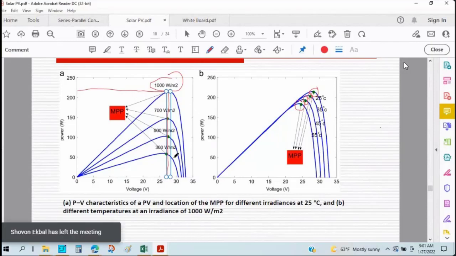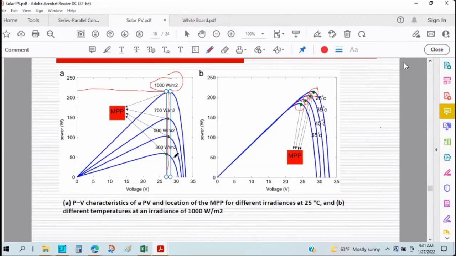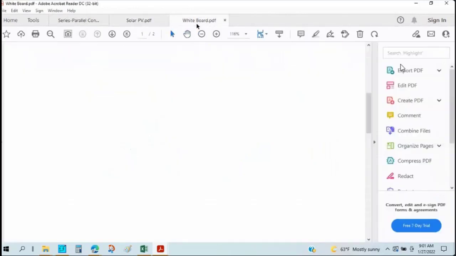That means the power that can be extracted from the solar panel will be different from the maximum power. So we have to apply some techniques, some approach, so that we can extract maximum power from the solar panel. And the method of extracting that maximum power from the solar panel is known as MPPT algorithm.